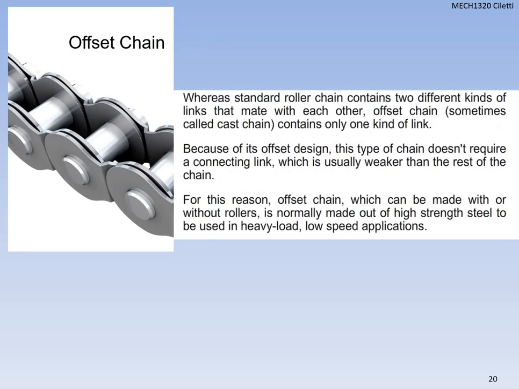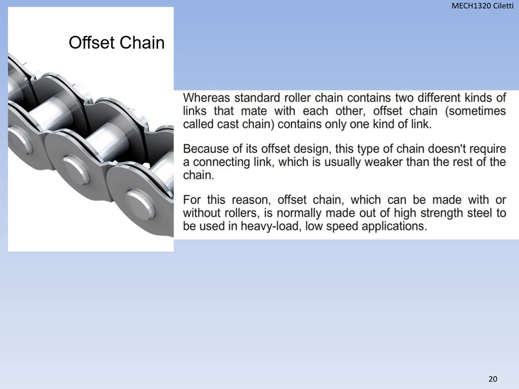All right, so standard rollers contain 2 different kinds of links that mate with each other. This offset chain contains only 1 kind of link, and you can kind of see how one sits behind the other as they link together. It doesn't require a linking link in this case. Okay? In most chain applications, that linking link is a weakness.